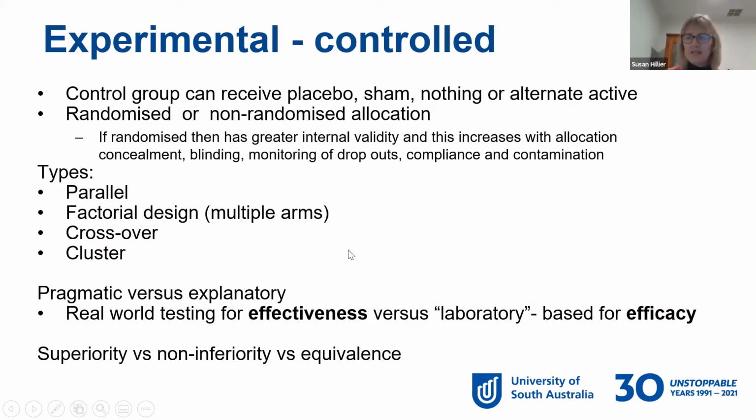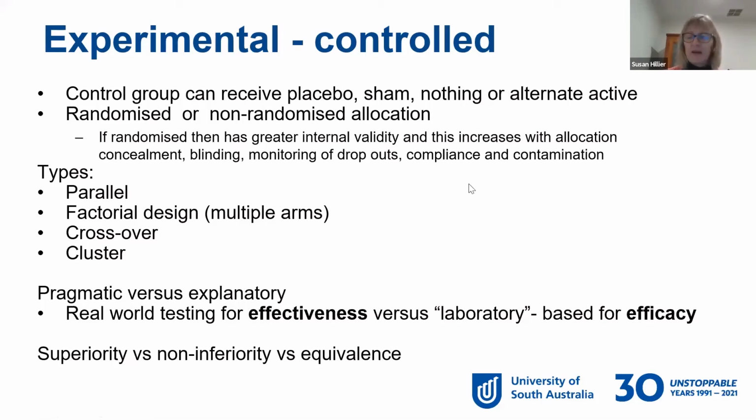And this is then really considered that we are testing for efficacy. So we're under different kinds of trial conditions to the real-world setting. So again, this needs to be reported as such.